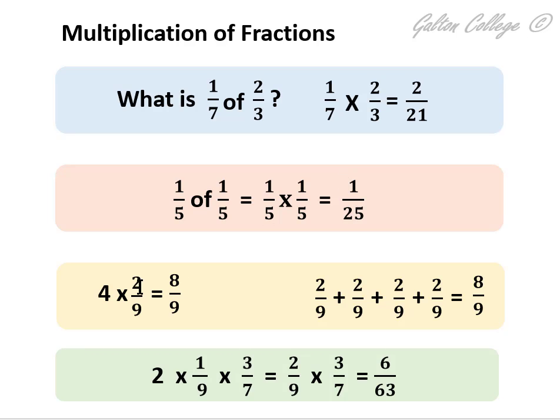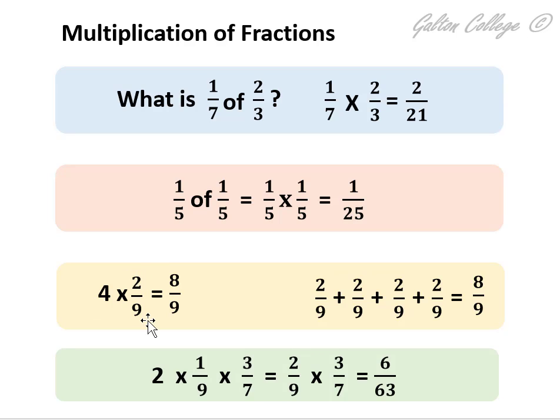What is 4 times 2 over 9? Well, 4 times 2 is equal to 8, and it's 8 over 9. You could do this by addition, of course, as multiplication and addition are related. So instead of saying 4 times 2 over 9, we could add it up.